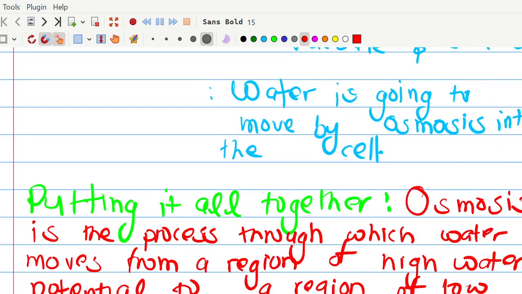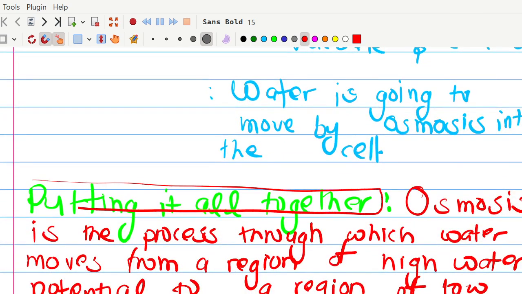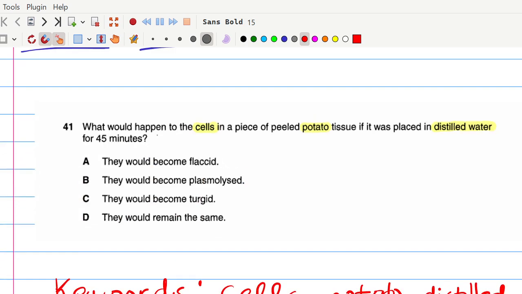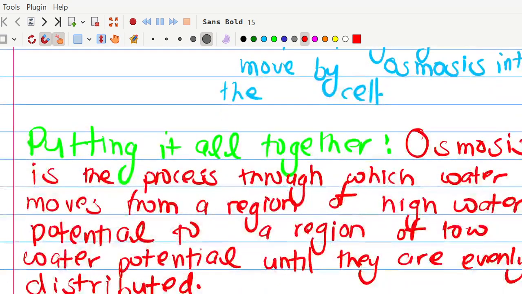Now we are putting it all together. We identify the keywords, so we are not struggling for the answer. Osmosis is the process through which water molecules move from a region of high water potential to a region of low water potential until they are evenly distributed.